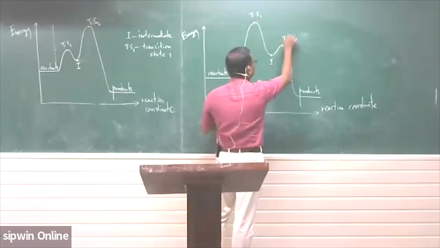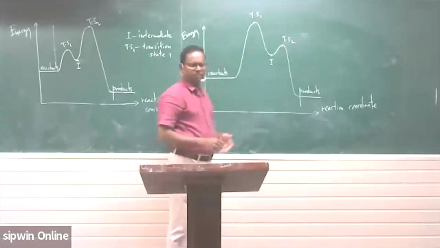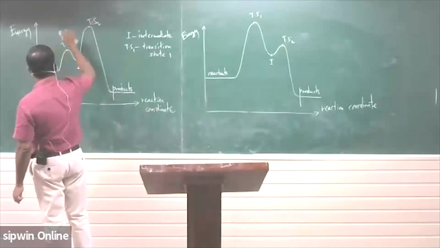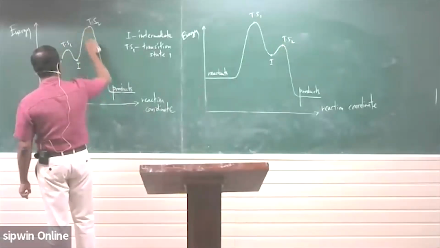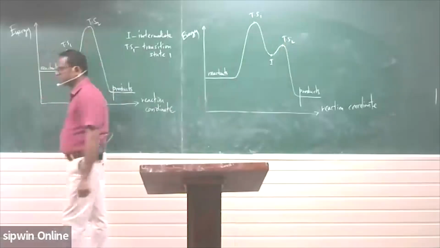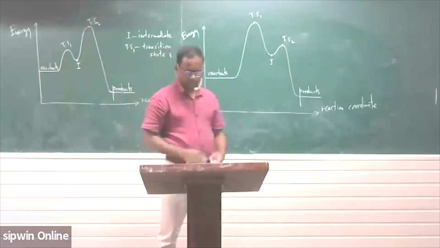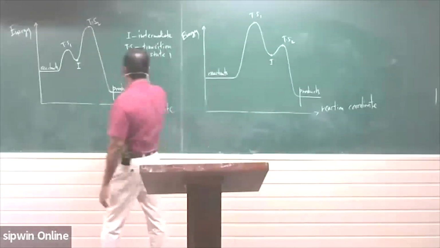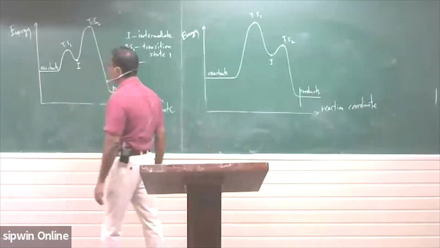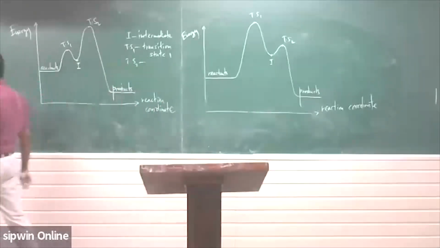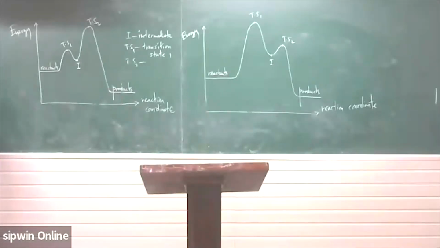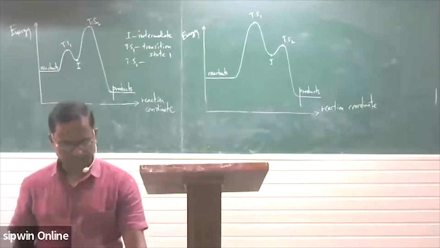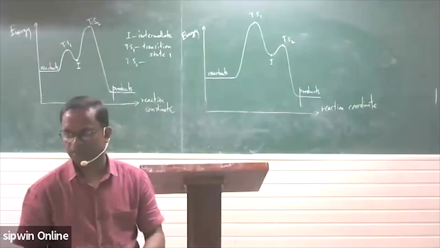This is TS2. මේ ටික ලියලා තියාගන්න පුතේ. TS1 TS2. I mean intermediate. TS1 mean transition state 1. TS2 mean transition state 2. First transition state, second transition state. Right?